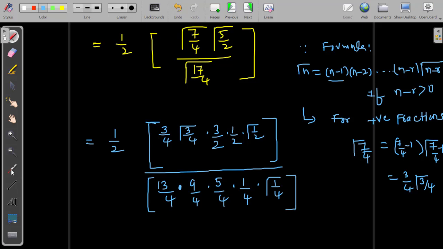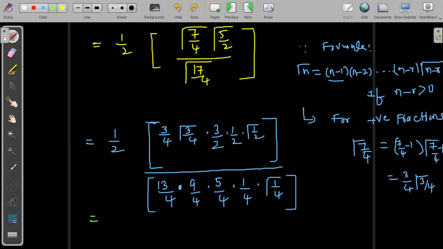If you look here in the denominator, 4 is multiplied 4 times, 4 power 4. This 4 power 4 takes place in the numerator. Here 4 times 2 is 8, 8 times 2 is 16, 16 times 2 is 32, so this 32 goes in the denominator. The next step: in the numerator, 3 times 3 is 9.